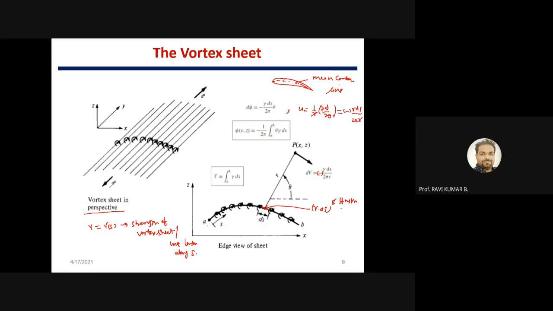So d phi is equal to d theta will come here, the same equation which you are getting here. So d phi is equal to minus gamma ds divided by 2 pi into d theta. If you integrate this term from A to B, you can get the net potential function for the vortex sheet. Clear? Up to here?